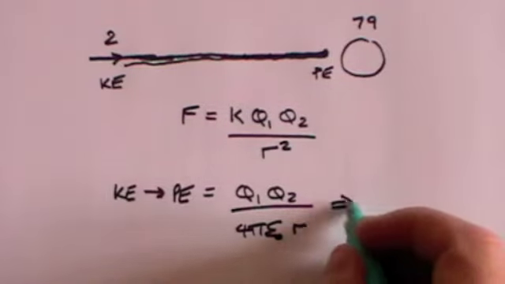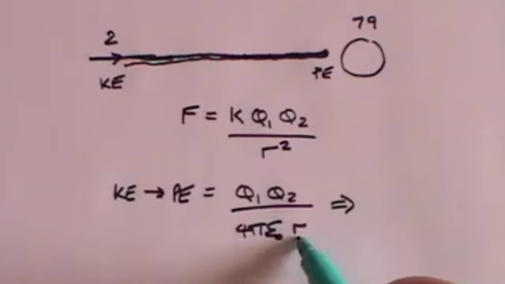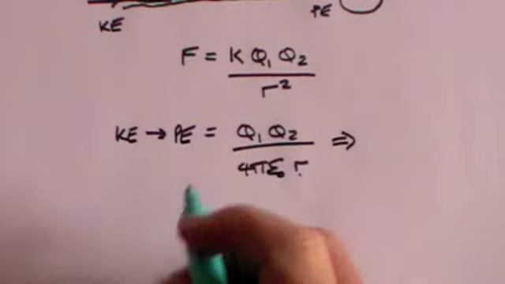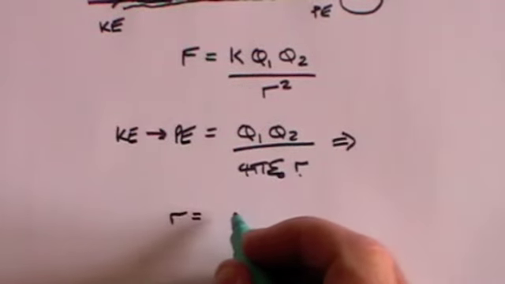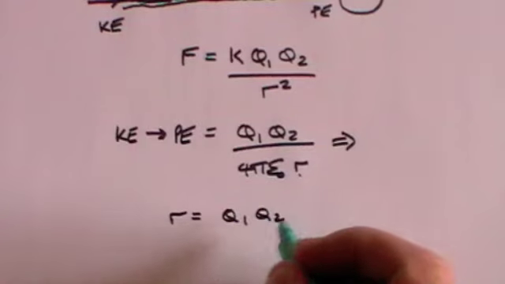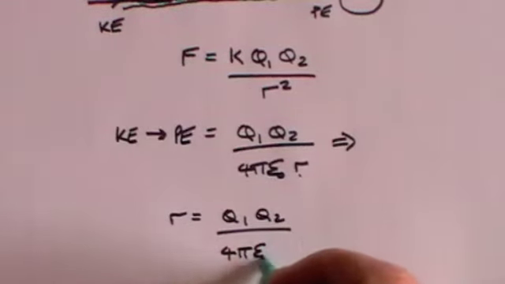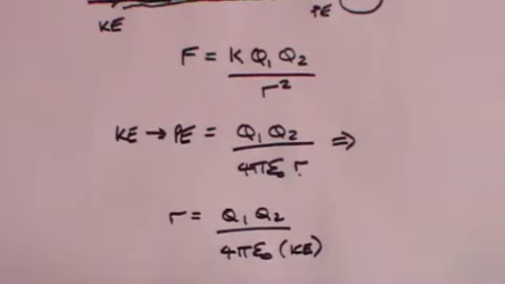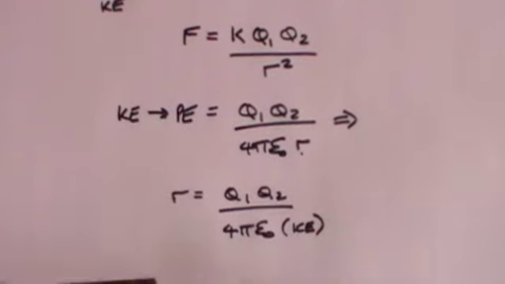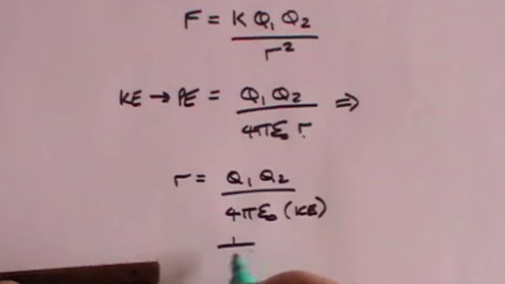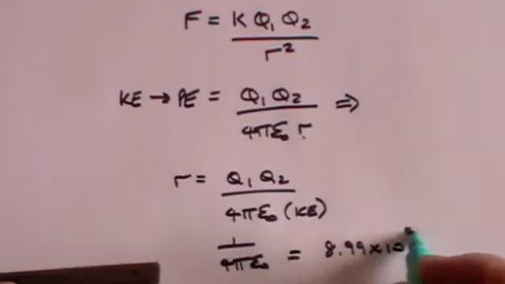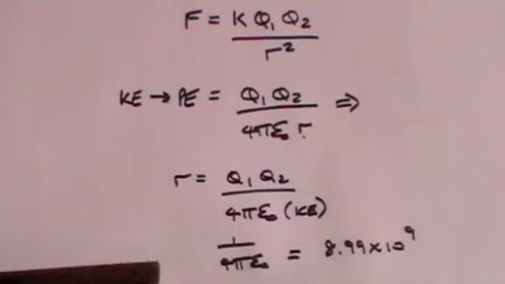And that means that if you just simply swap R and kinetic energy around, you get that the radius is equal to Q1 Q2 divided by 4 pi epsilon 0 times the kinetic energy. And we know that, just to give you the value, 1 over 4 pi epsilon 0 is equal to 8.99 times 10 to the 9. There will be units, but let's not worry about those at the moment.